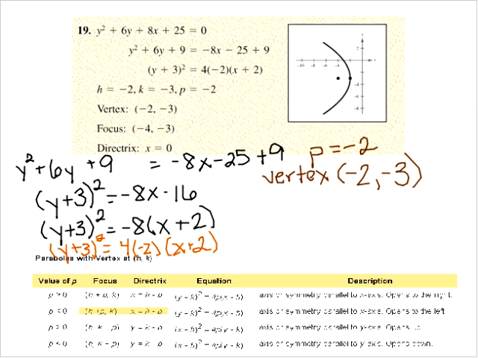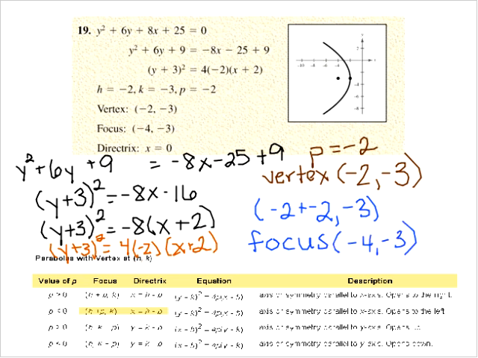Okay, let's start with the focus. We're going to do h plus p. Well, h we knew was -2 because that's the x value of your vertex, and p we know is -2, and k is our -3. So our focus is going to be at the point -4, -3.